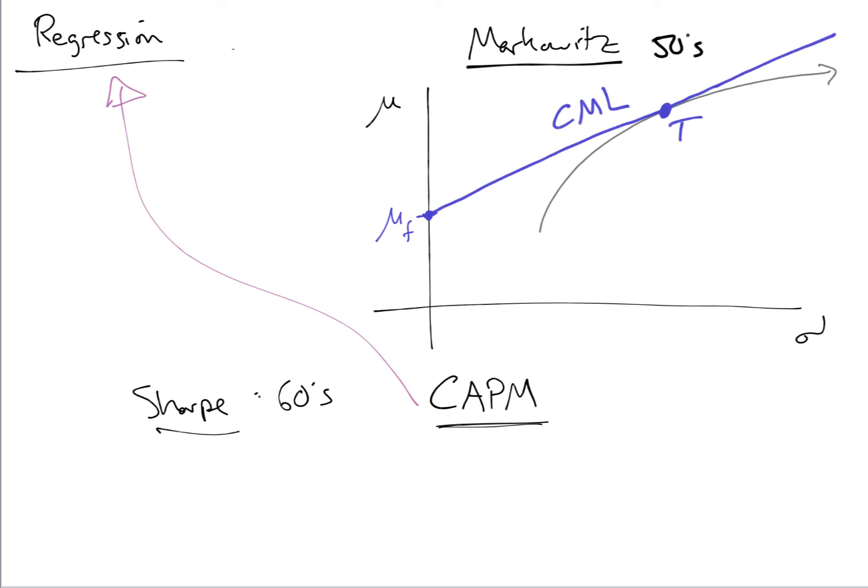But it's important for us to recognize that regression will give us an implementation of this model and also a statistical interpretation of this model. But the model is not built on regression. The model is built on this Markowitz framework.